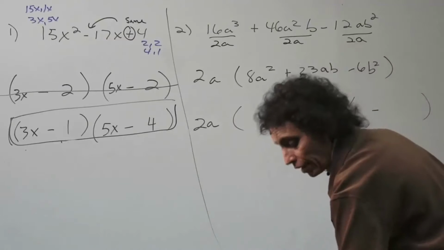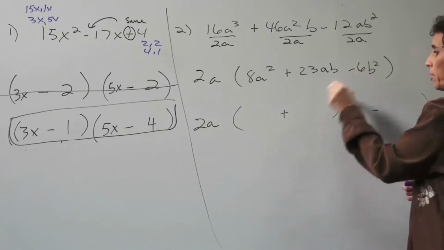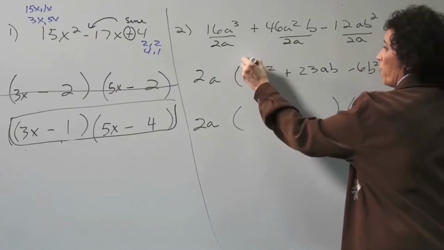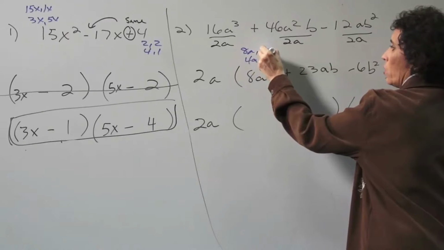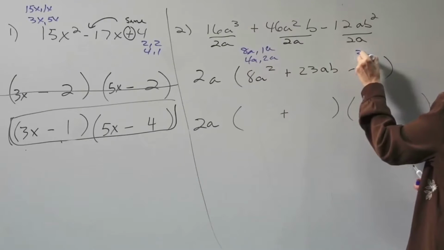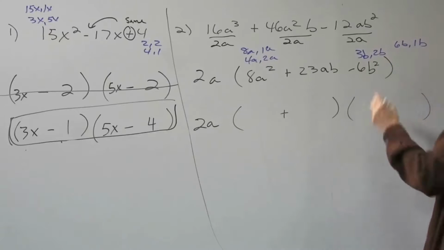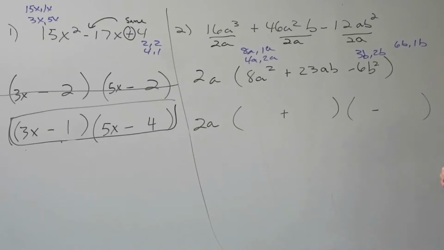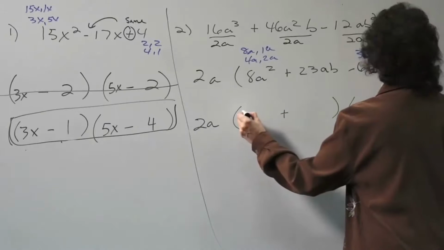Here we go. Factor 8a squared, factor 6b squared. Pray for the middle. Don't worry about the negative. We already got it. We got 4a and 2a, or 8a and 1a. We got 3b and 2b, or 6b and 1b. Guess what I'm trying? Okay, I'm trying 4a.